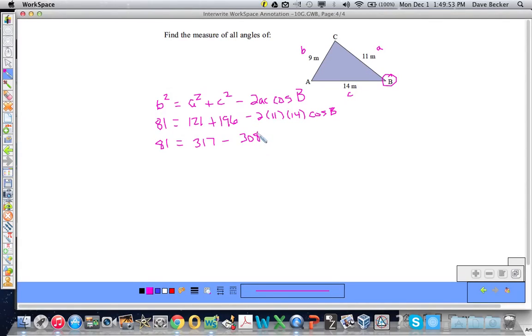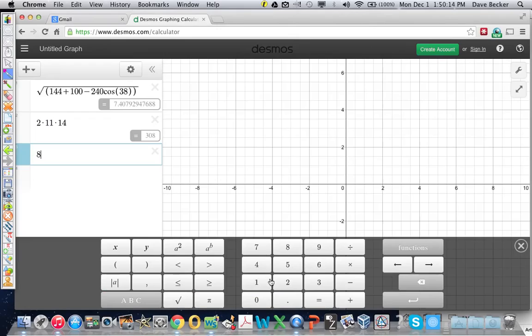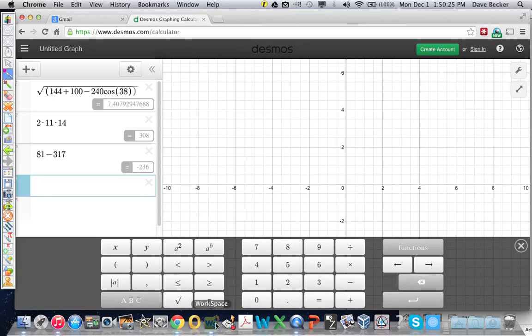And I have to solve for angle B. Now, I can't subtract this, right, because it's with the cosine B. I don't subtract the 308. So I subtract 317 from both sides. And 81 minus 317, let's go to Desmos just to be sure. 81 minus 317 is negative 236.